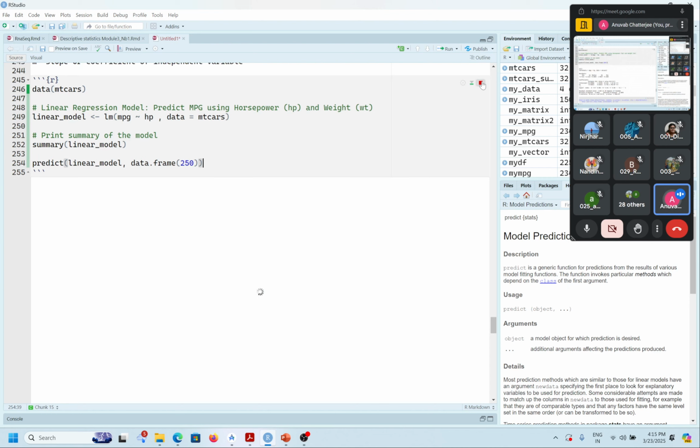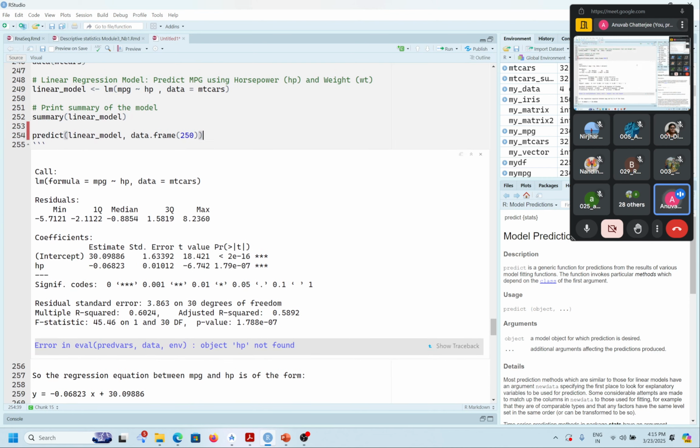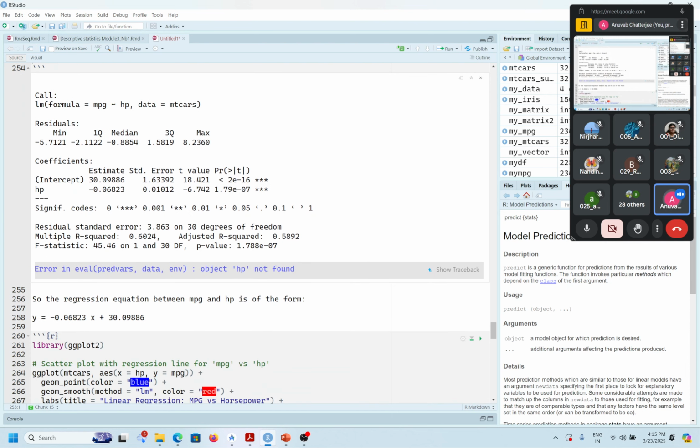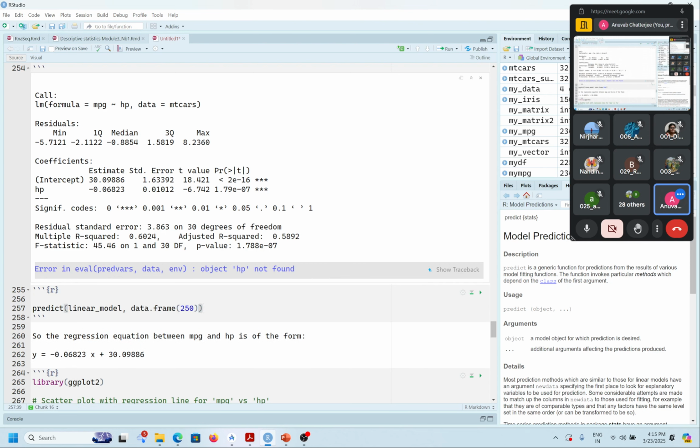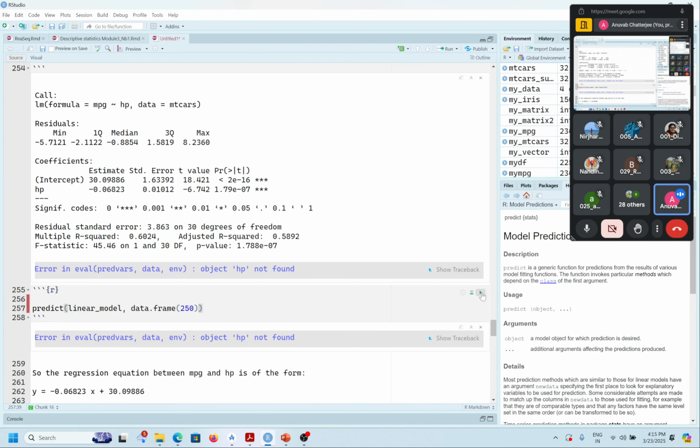I'm putting it as a data frame, and it is giving me object HP not found. Okay, where is the error? If I just not do it here, if I do it out here, yeah, the mileage of such a car should be just 30.